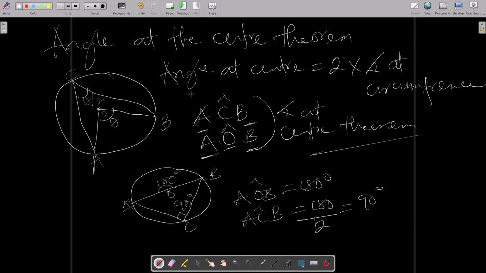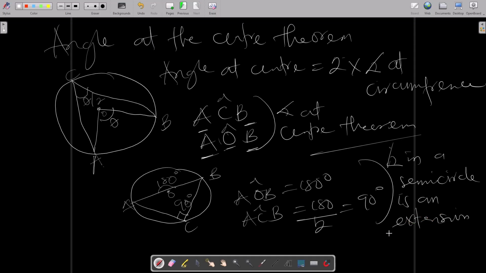Alright, so angle at center, angle at circle, angle in a semicircle is an extension of the angle at center theorem.